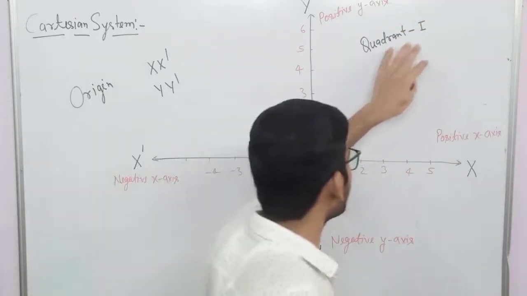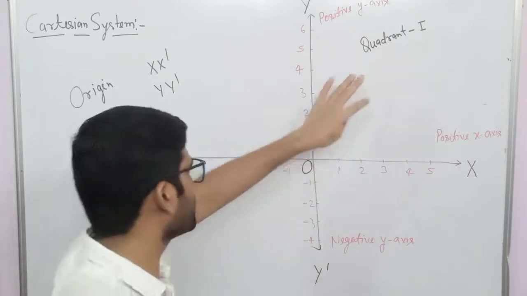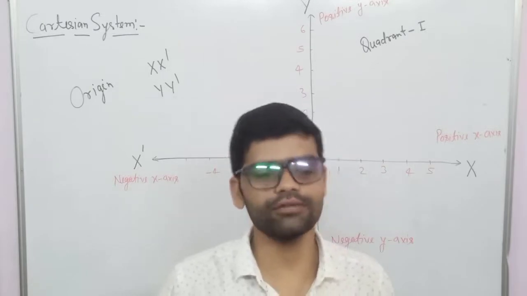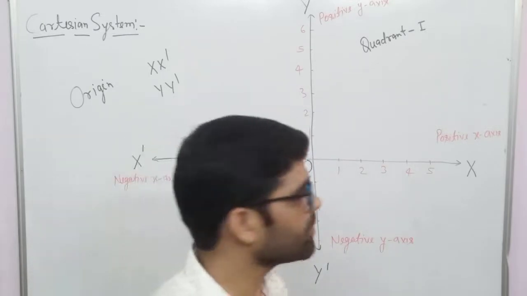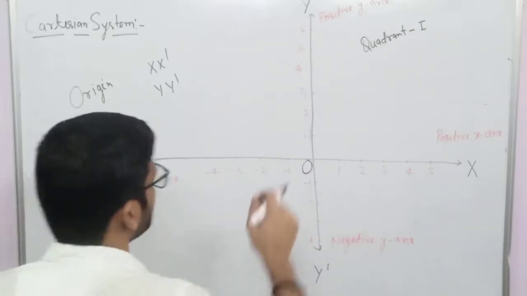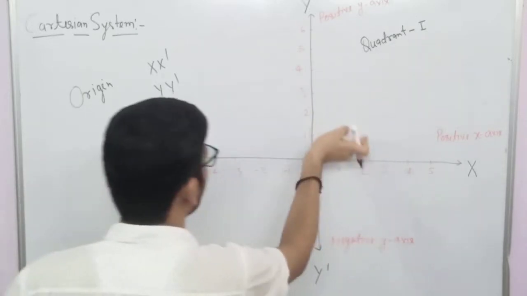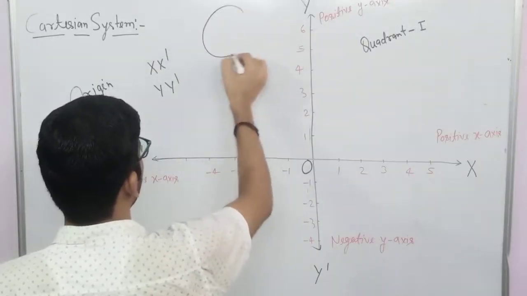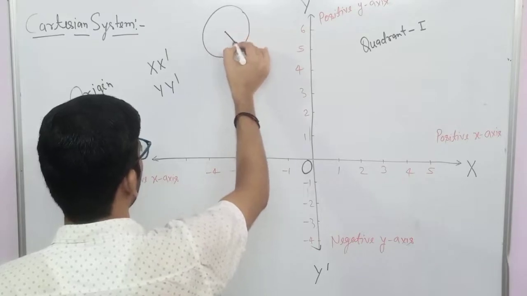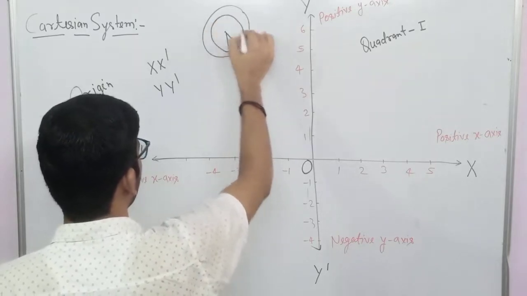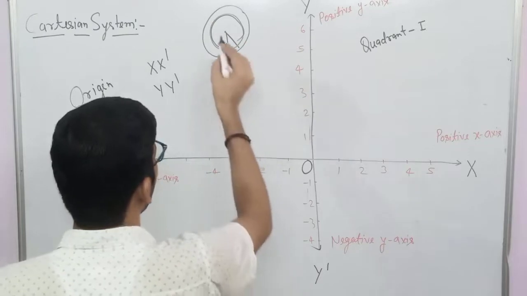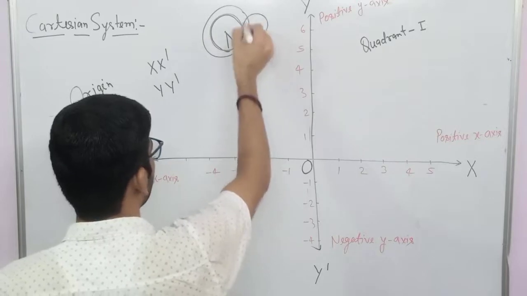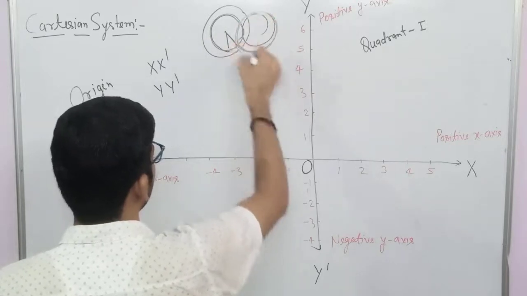Here we write quadrant first, and the numbering of the quadrants is anti-clockwise. In the anti-clockwise direction we number the quadrants. If you have a clock, it moves this way, but here we write the quadrant names in the anti-clockwise direction, just the opposite.